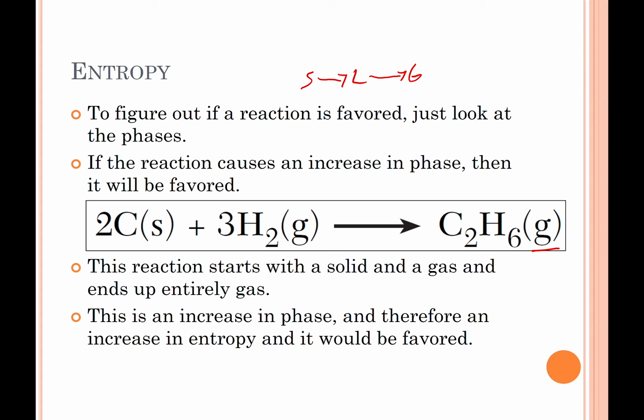This would be considered an increase in phase because we start with a reactant that's a solid and a gas. We only end up with one that's a gas. We got rid of the solid. So overall, our only product here is a gas, which is more disordered than the two reactants, one being a solid that we started with. So this is an increase in disorder or an increase in entropy, and just based off of entropy, this reaction would be favored.